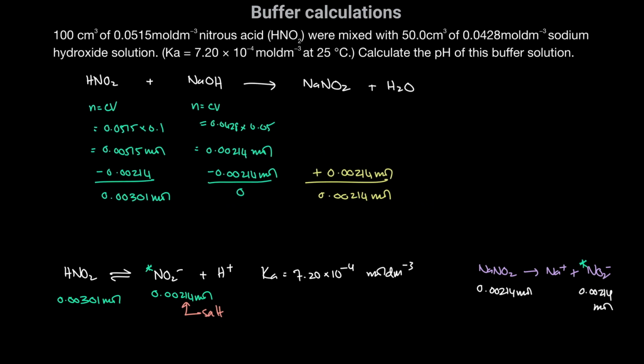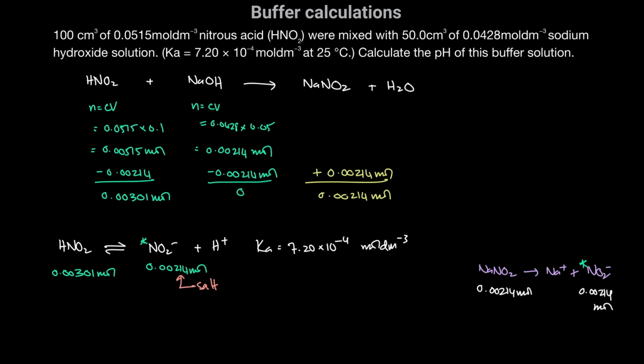Again, over here, what we had was a weak acid that we reacted with NaOH. We had excess acid, and we ended up making NaNO2, and we had acid left over. Now this NaNO2 is completely ionized in aqueous solution, which means that now we have a large amount of conjugate base, that's NO2 minus ions, coming from the salt.